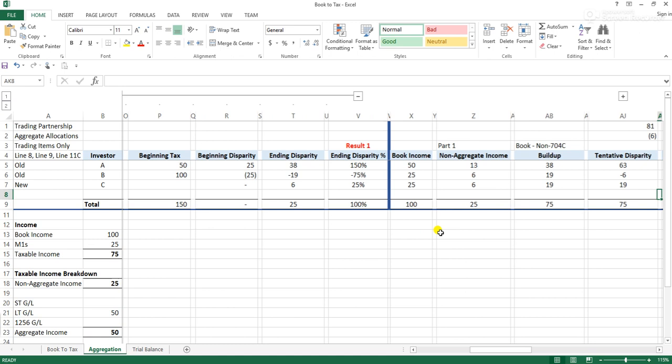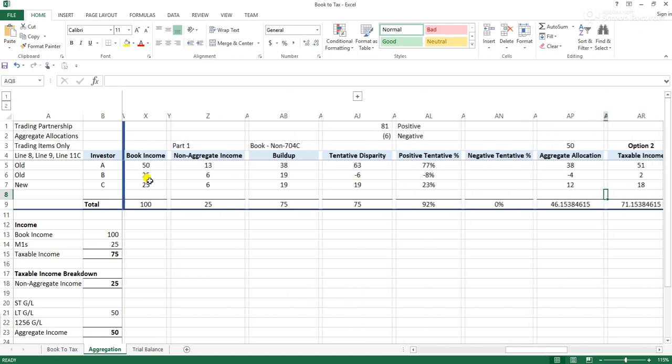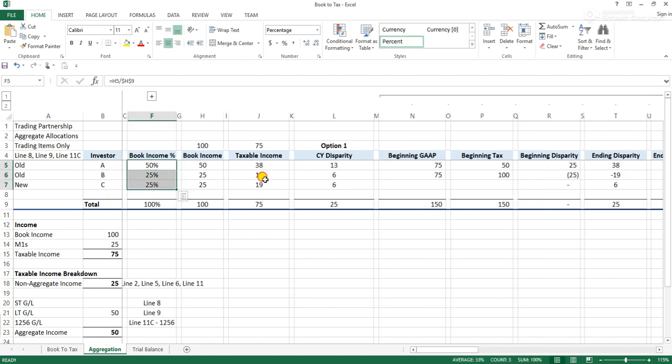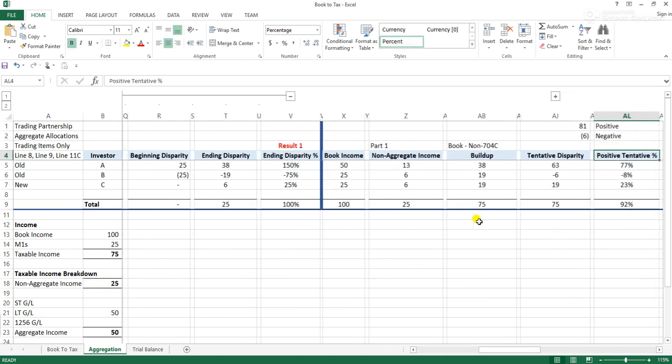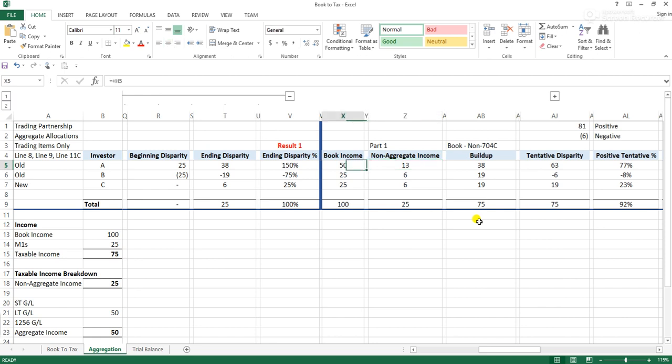So going through the example that we have, first we still allocate non-aggregate income, or our $25 of non-704C income, which could be line 1 ordinary income, line 2 rental, interest, or dividends. And we allocate that using the book percentage, which is 50%, 25%, 25%. So we'd still take our 25 and multiply it by the book income percentage.